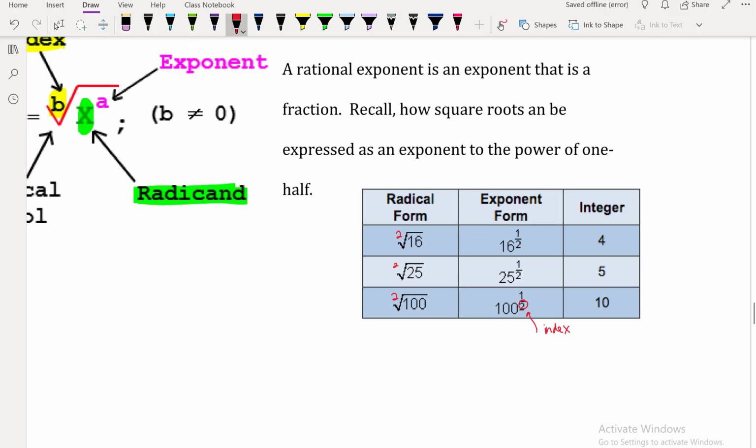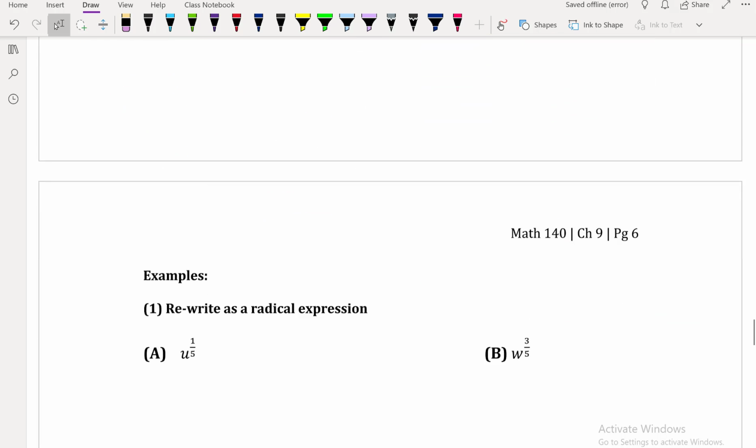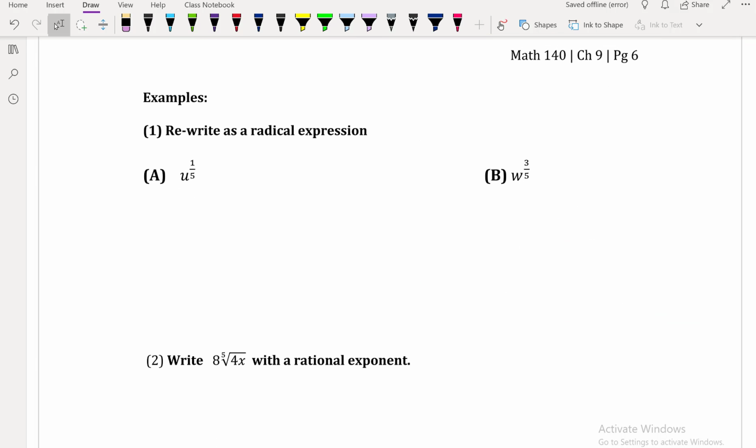It's not always going to be a square root. So let's take a look at some of these examples. It says rewrite as a radical expression. So if we want to rewrite it as a radical expression, that means we need the root symbol, right? That square root. But we have to pay attention to what the index is going to be. So that 5 is going to be the index.